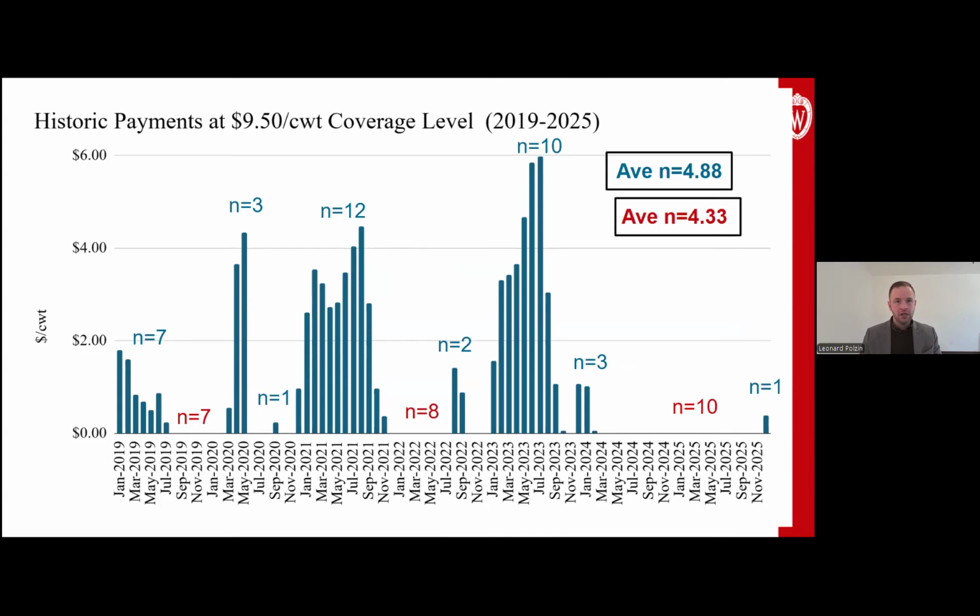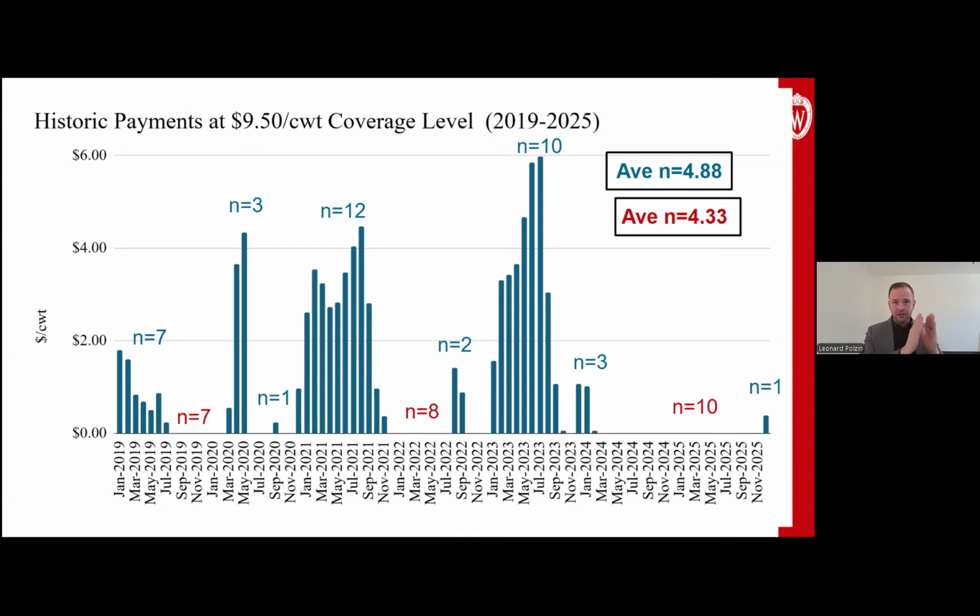a payment, right? And when we take a look at our averages, if we average out the number of months where payments were triggered versus the ones that were not, we received payments in groupings with a frequency of about 4.8, call it anywhere between 4.5 and 5 months, right?